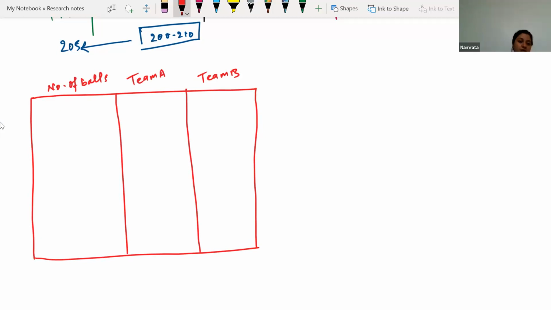So number of balls 1 to 6, 7 to 12, 13 to 18.